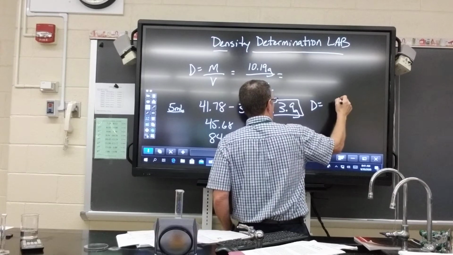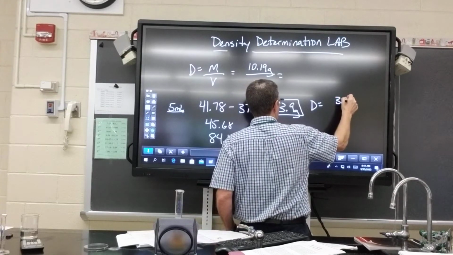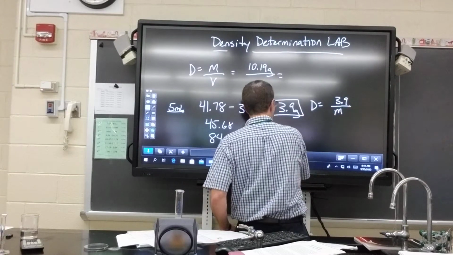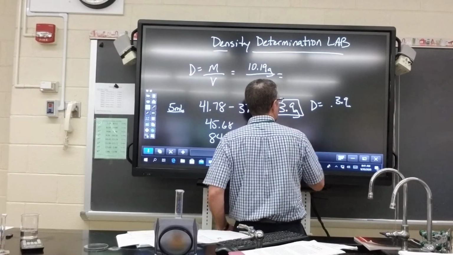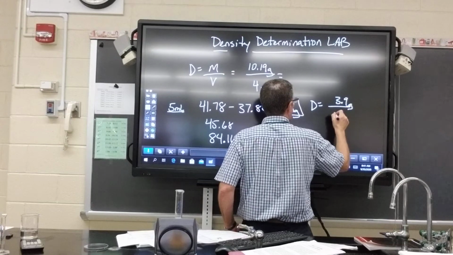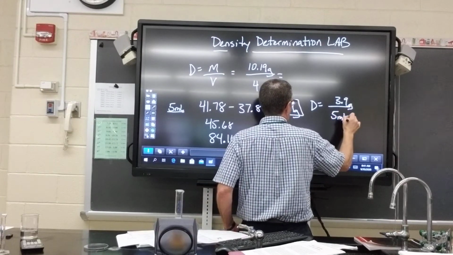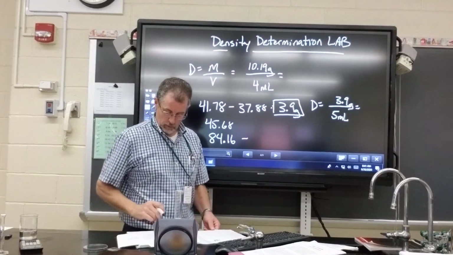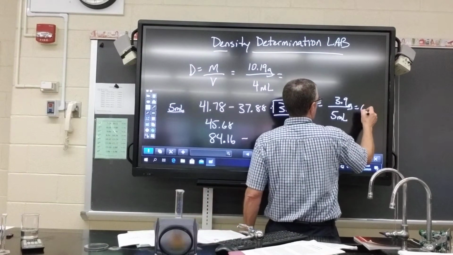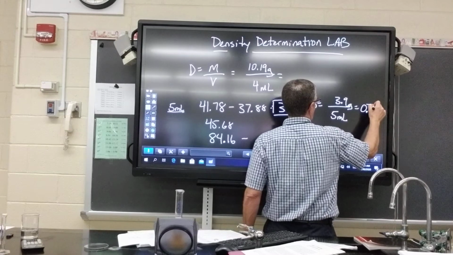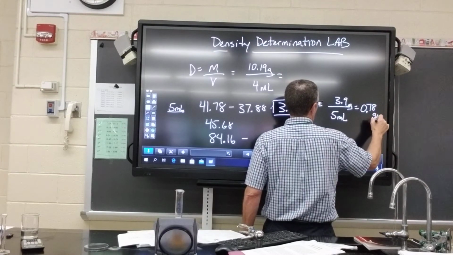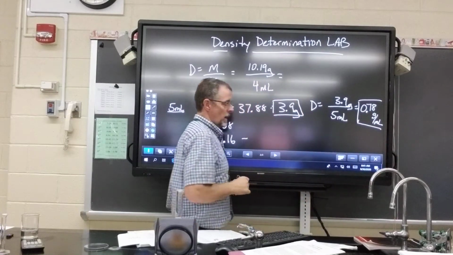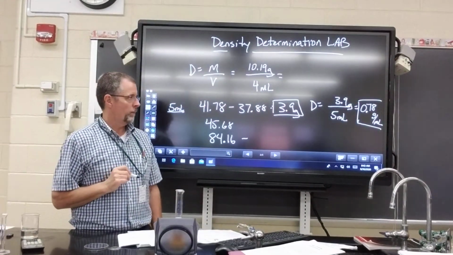Density equals the mass, 3.9 over the volume, which was 5 milliliters. 3.9 grams over 5 milliliters. And if I do the calculation, I get 0.78, and this is grams per milliliter, right? So that would be my density for the first one.